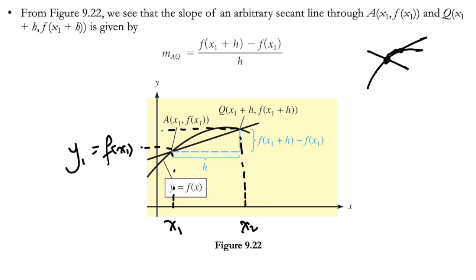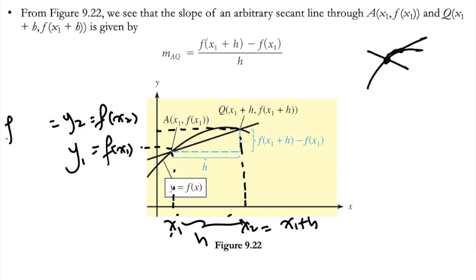Therefore, here you have f(x2) or y2. Now, the difference between x1 and x2 here, I call it h following the textbook. So here, x2 can be said x1 plus the distance here, which is h, x1 plus h, isn't it? So that means I can rewrite this as f(x1 plus h), isn't it?